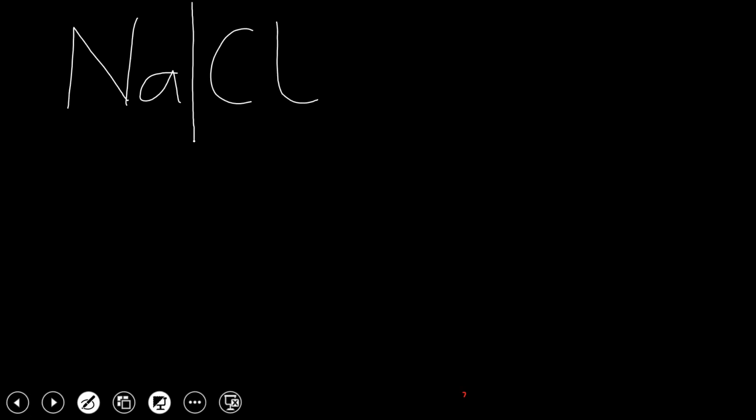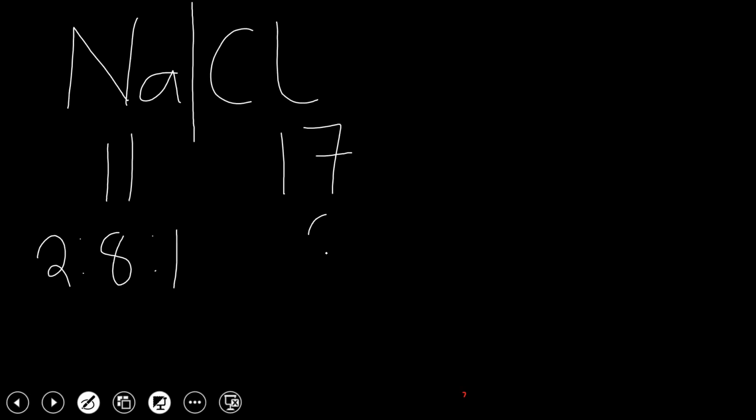Sodium has atomic number 11, and chlorine has atomic number 17. So when you look at the electron configuration, sodium is going to be 2, 8, 1, and chlorine is going to be 2, 8, 7.